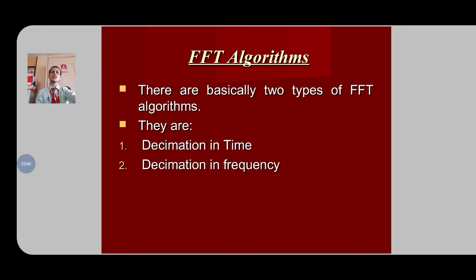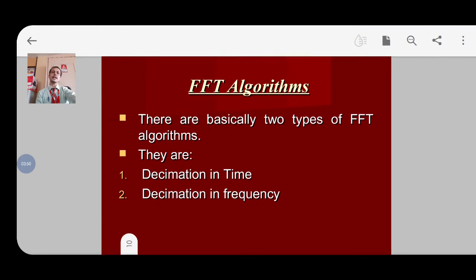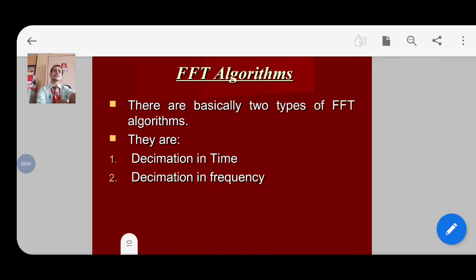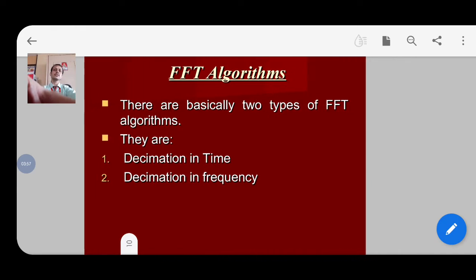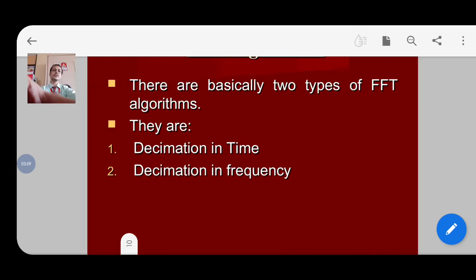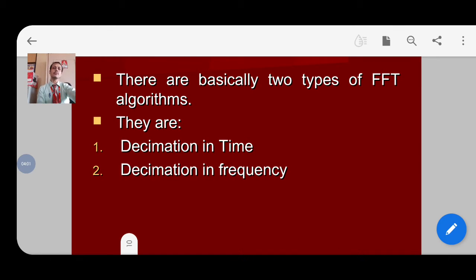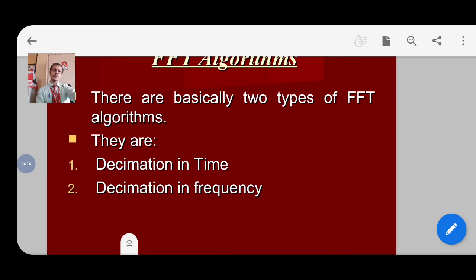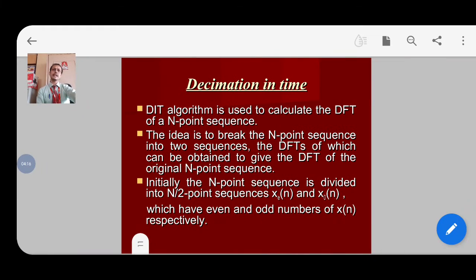Next, we are going to discuss FFT algorithms. The first algorithm is DIT and the second one is DIF, that is, decimation in time and decimation in frequency. What is decimation? Decimation is decomposing. We are going to divide the N point DFT into smaller DFTs.